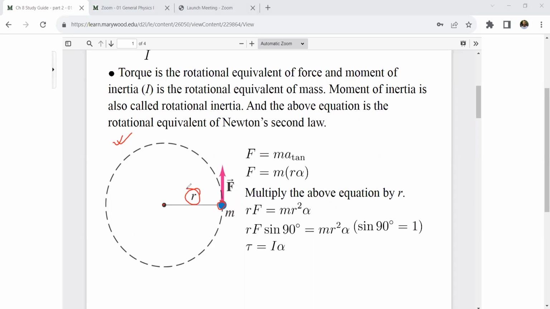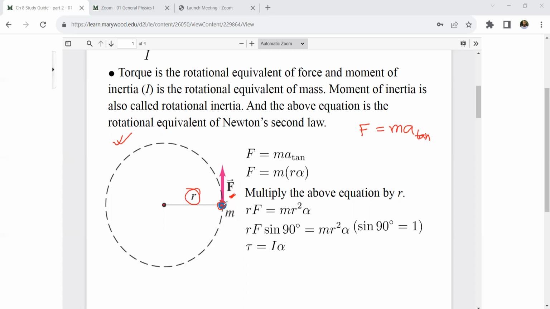Now let's say you apply a force F on this object. From Newton's second law, we know that when there is a force, there is some acceleration. It will be a tan in this case, because this force is tangential to the circle at this point.